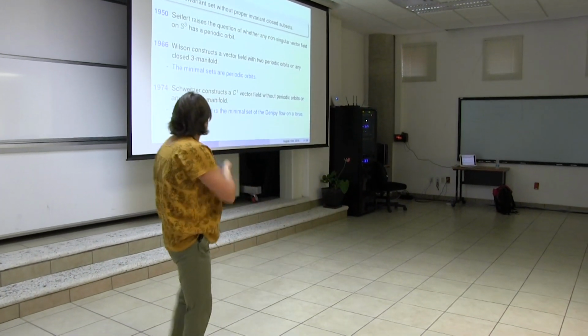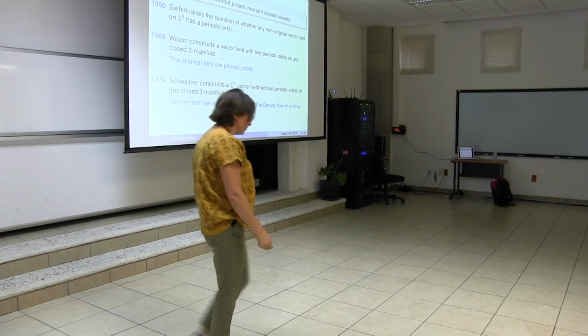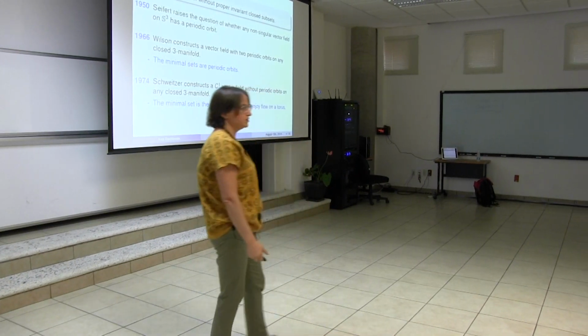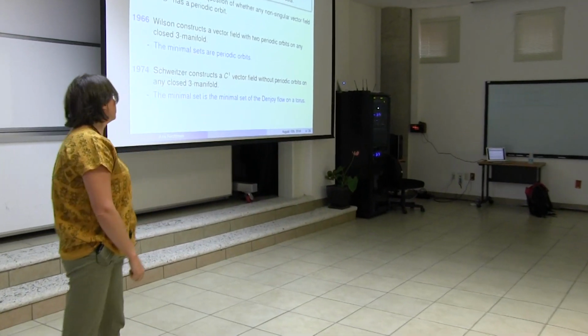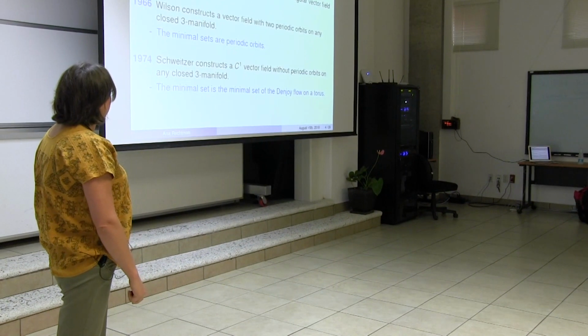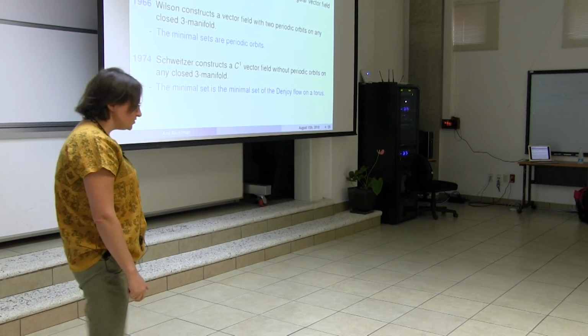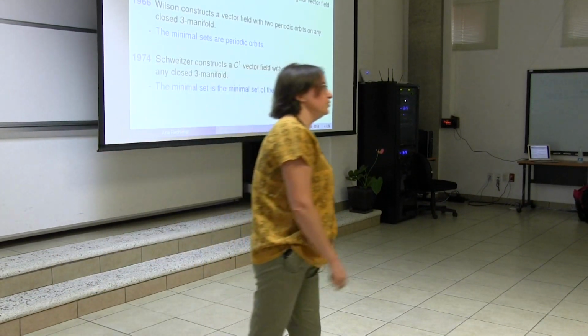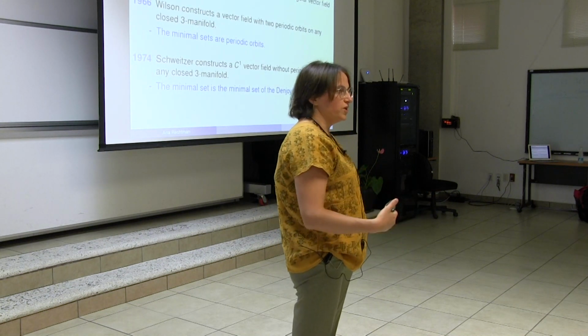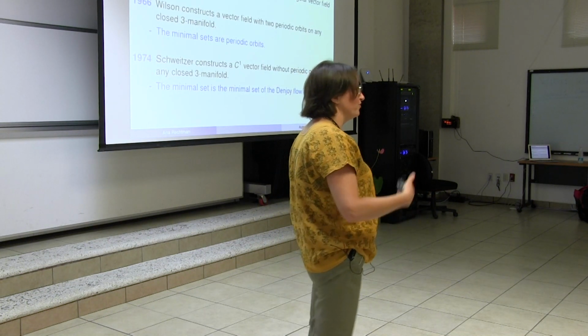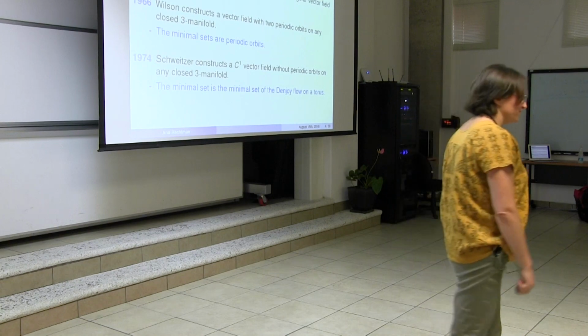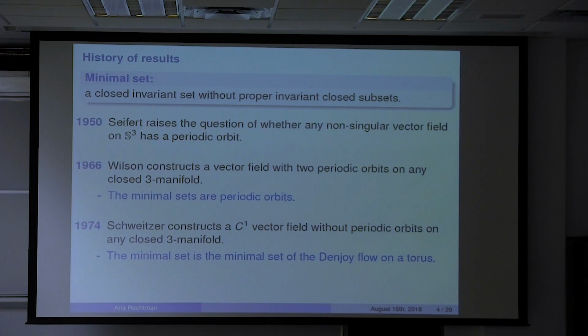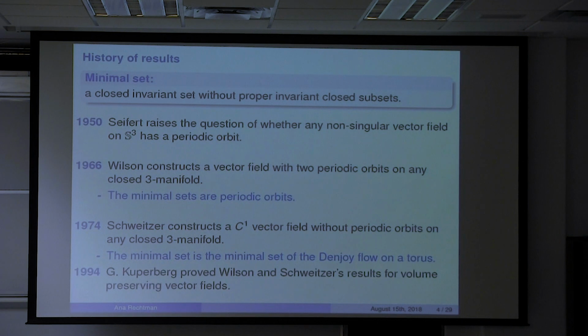In Wilson's, the minimal sets are periodic orbits. In Schweitzer's, there are 2 copies of the Denjoy minimal set. And in Christina's construction, that I will explain to you in a moment, you do it the other way around. You build a plug and you have no idea what the minimal set is at the beginning.